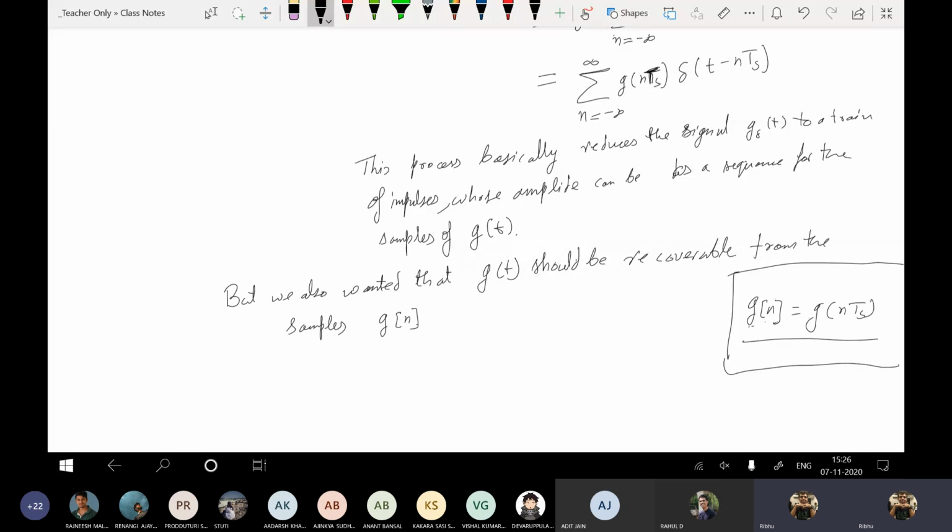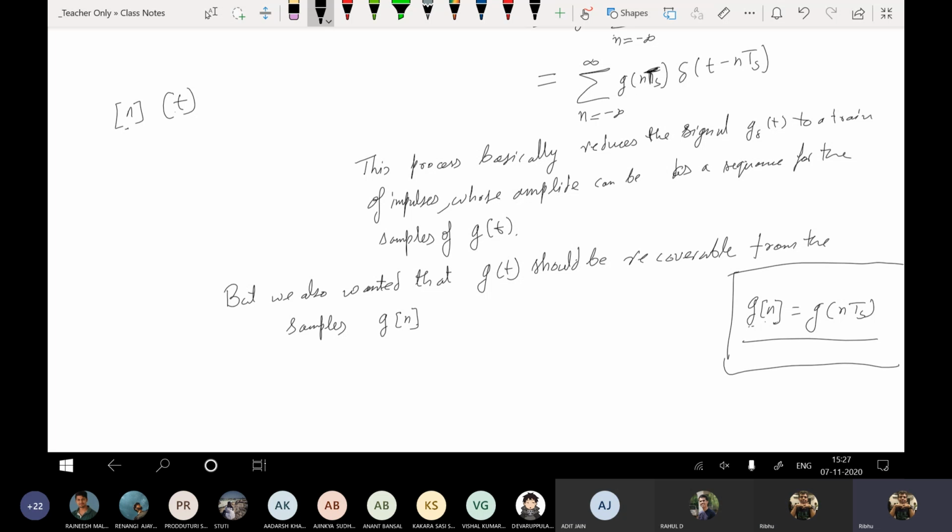For signals and systems you did follow this notation, right? This is continuous time, this is discrete time. Yes, sir. So it's important to know how to go from one to the other. We also wanted that g(t) should be recoverable from the samples g[n].